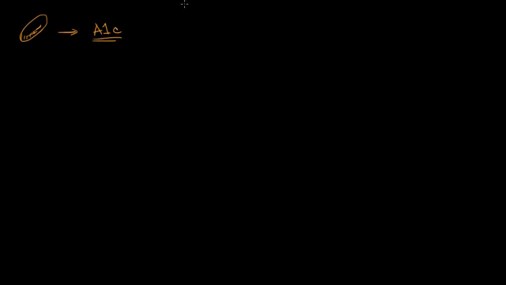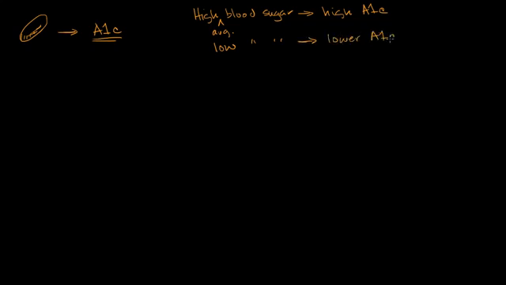But the general idea is if you have high blood sugar over roughly a 3-month period of time, I could say high average blood sugar, you're going to have a high hemoglobin A1C level. And if you have a low average blood sugar over roughly a 3-month time, you're going to have a lower hemoglobin A1C.